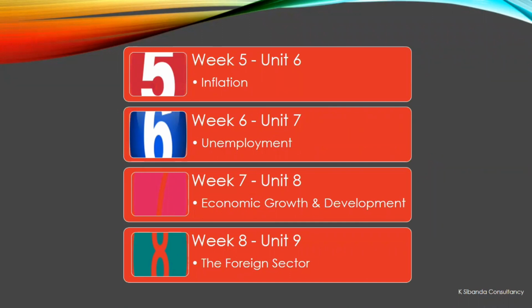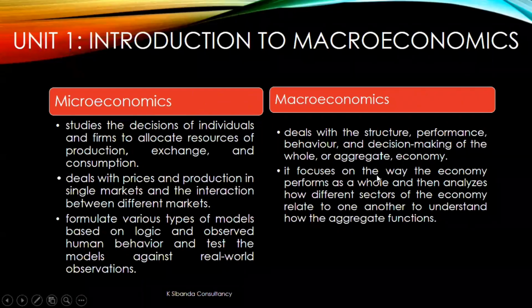Then unemployment in unit 7, unit 8 economic growth, and unit 9 your foreign sector. As you can see, this module covers all the macroeconomic objectives that can be found in any economy: unemployment, inflation, economic growth, and the monetary sector, all the things that talk about monetary economics, right?